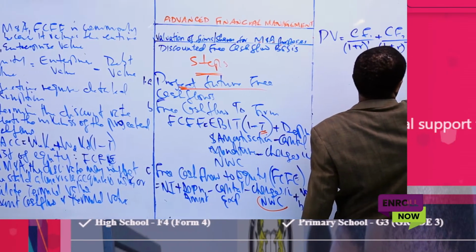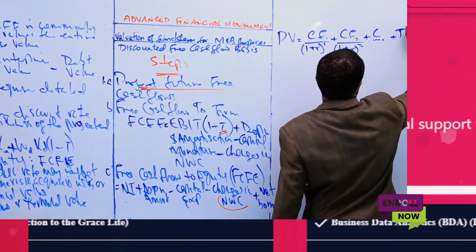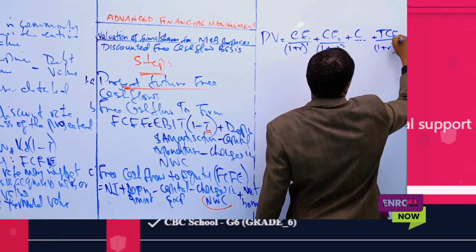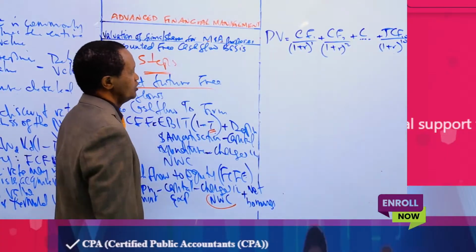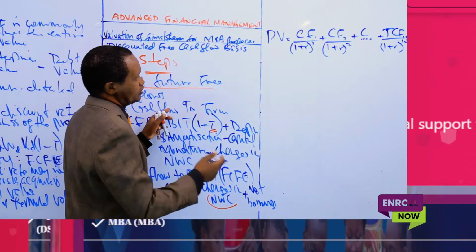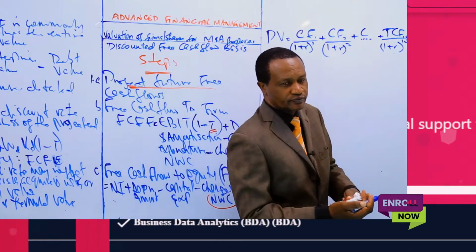You go like that, then you add the terminal cash flows. Terminal cash flows, you discount by 1 plus R raised to the final year. If it's 10 years, it's 10 years. That is the formula for calculating the present value of the cash flows. Both the projected future cash flows should be discounted back to the present value together with the terminal cash flows.